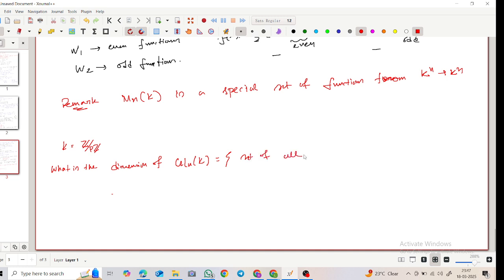Set of all, set of all what? Set of all invertible matrices. Not exactly.